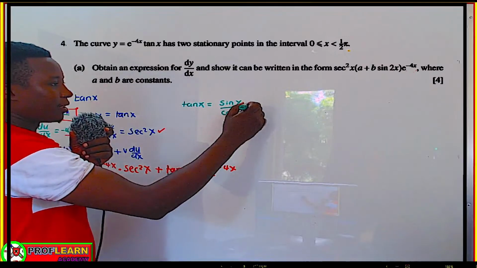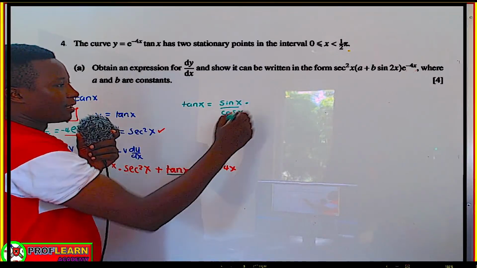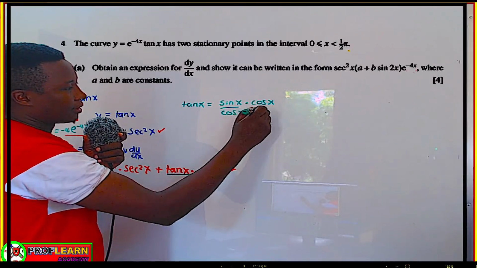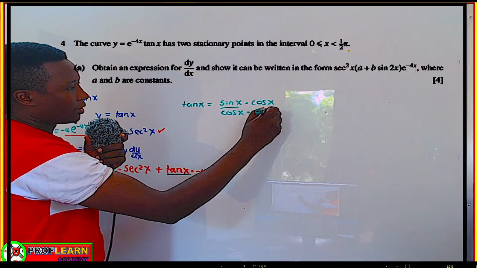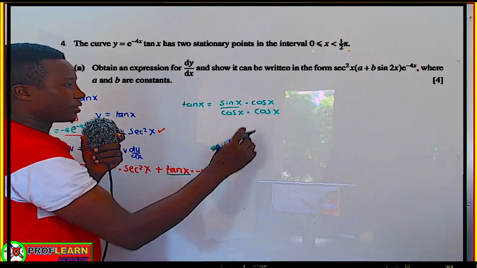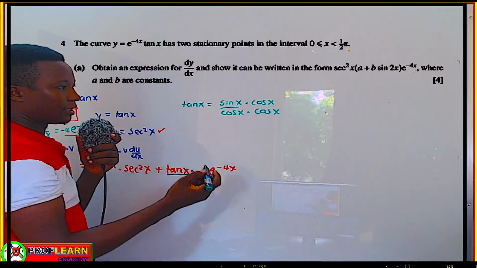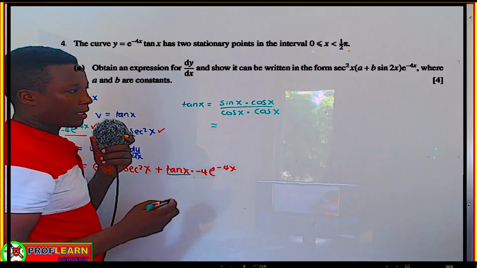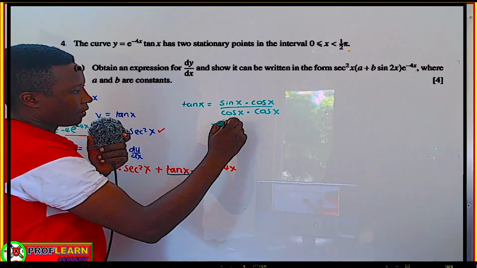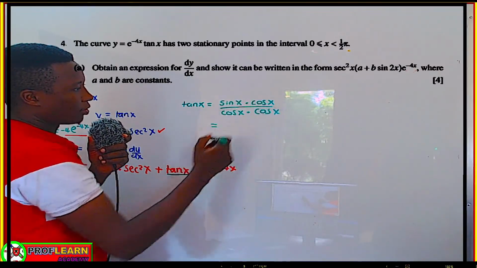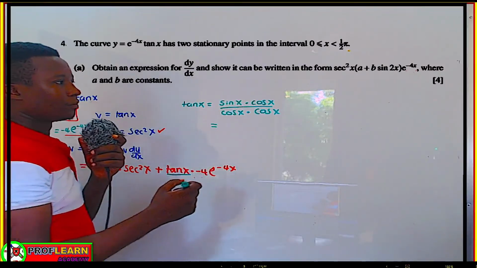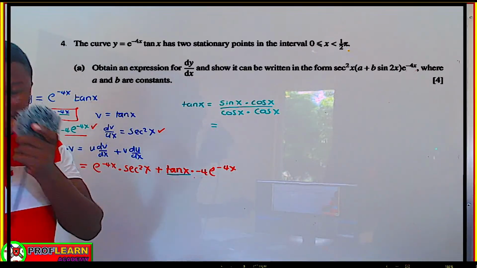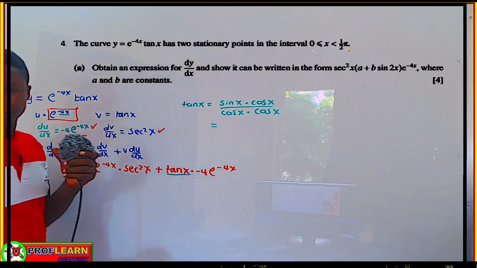So for me to get sin 2x, I need to have cos x here. Then since I've introduced cos there, I'll also multiply by cos x in the denominator, because that effect now has nothing. So which means that this tan x can be given as sin x cos x over cos squared x, which is equivalent to what?